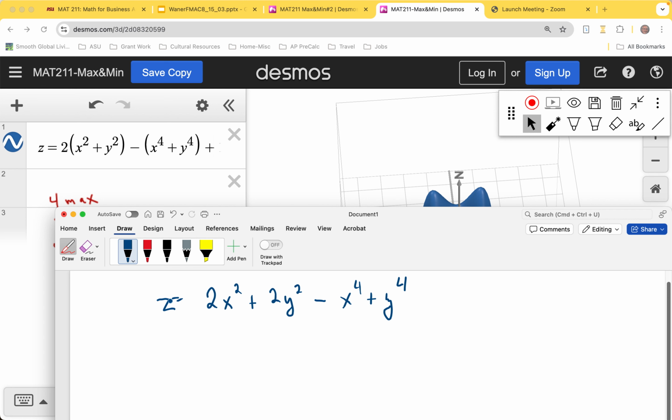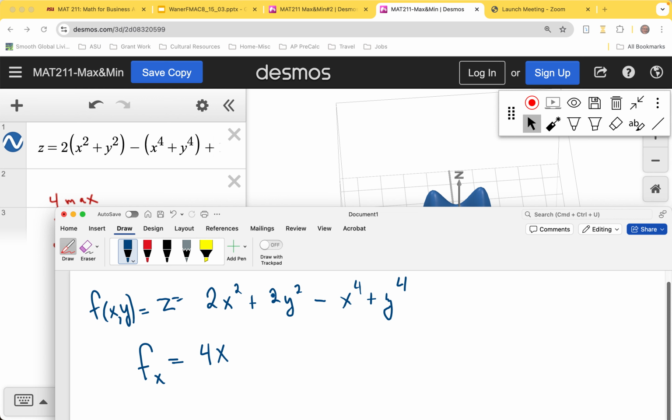We're going to take the first derivative. We could write it as z with respect to x, or again, we've been thinking of this as some function in x and y that gives us that third variable z. So I'm going to keep going with f as our function. Take the first derivative with respect to x. 2x squared, the 2 comes down. 2 times 2 is 4, x to the first power.